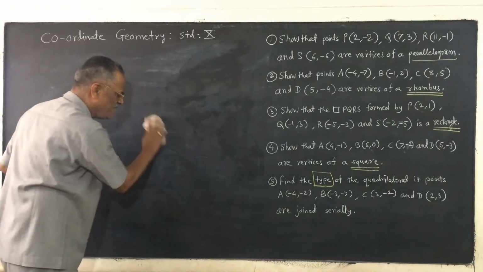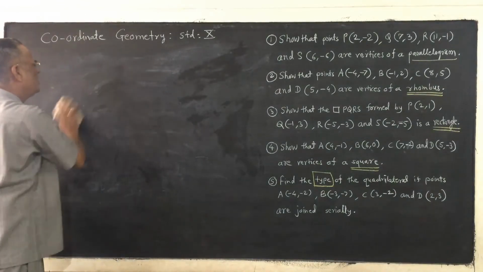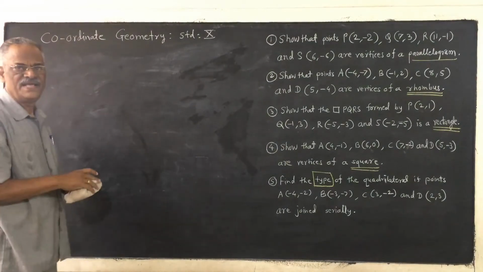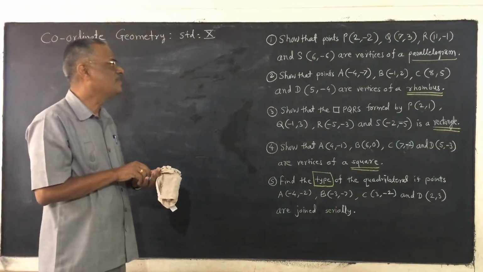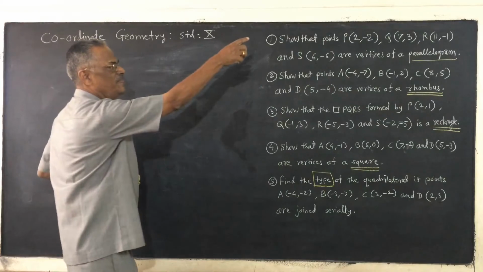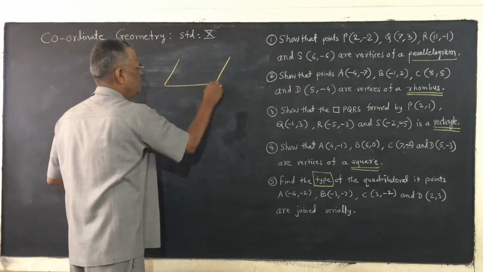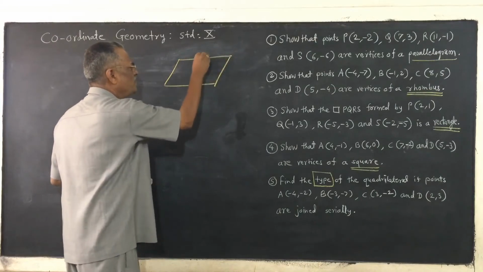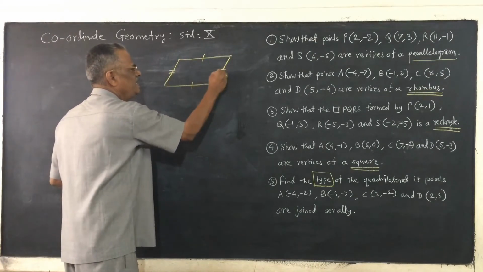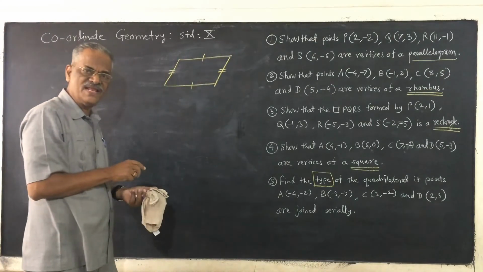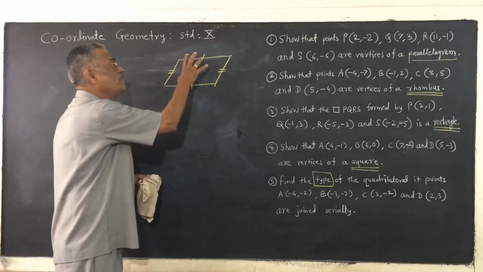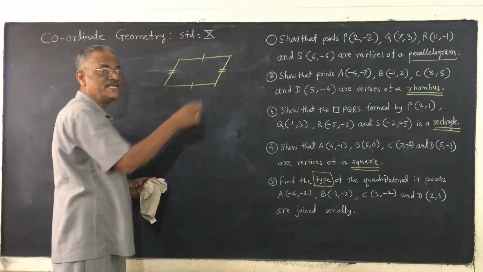For that, remember the properties of quadrilateral. Parallelogram, remember that it is important, opposite sides are equal, opposite sides are parallel, and you are using the property of opposite sides are equal.